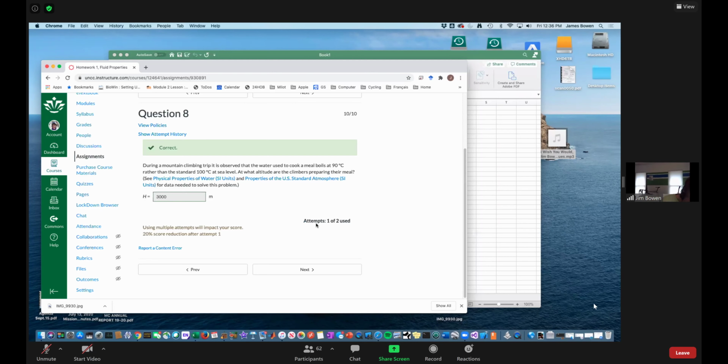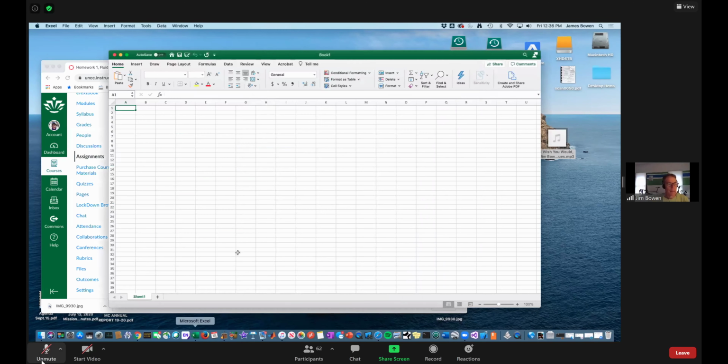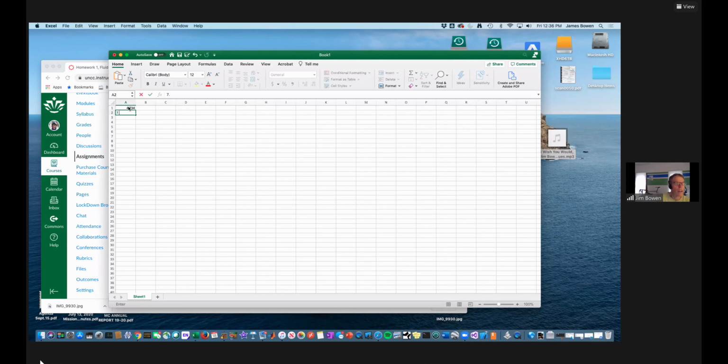So it's 4.734 at 80 and 7.010 at 90. I'm going to do this with Excel. There's probably a fancier way to do this with Excel, but I'm just going to put the numbers in, 4.734 and 7.010.